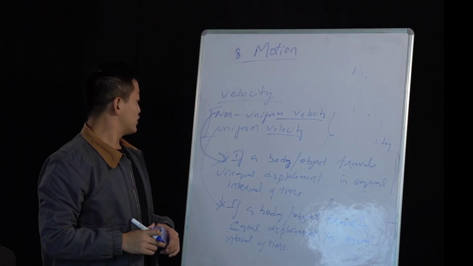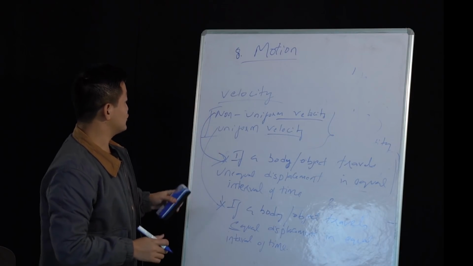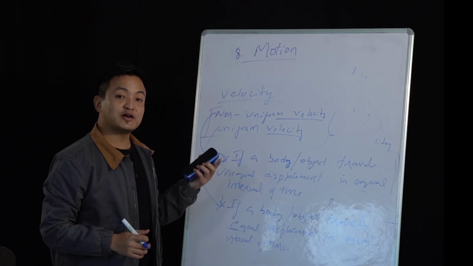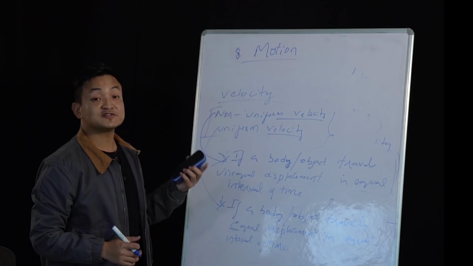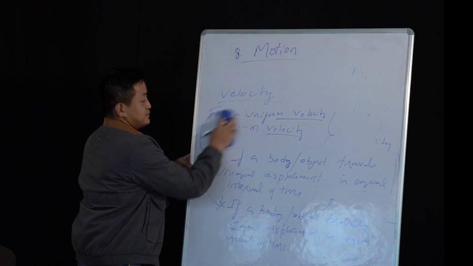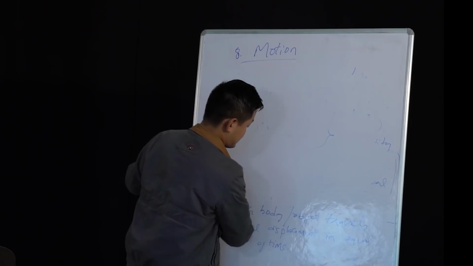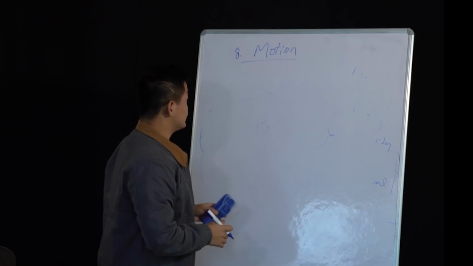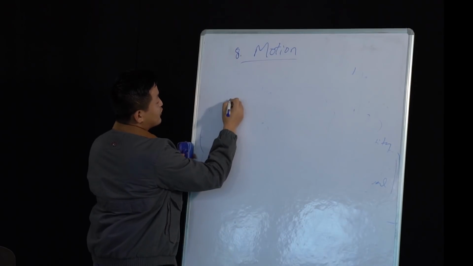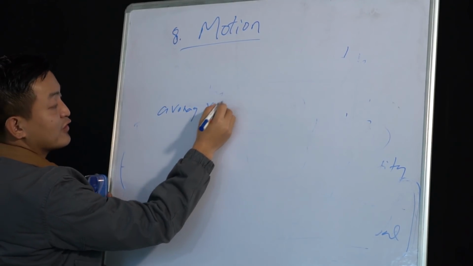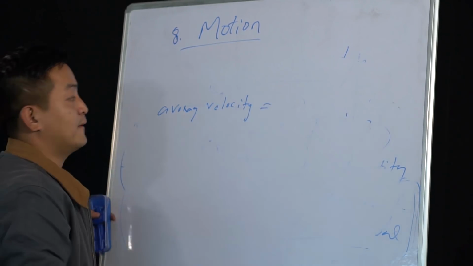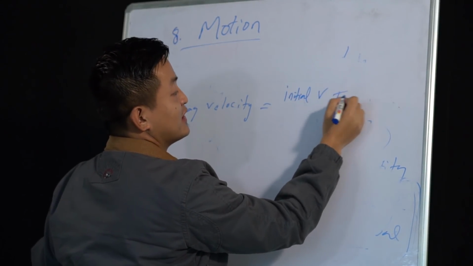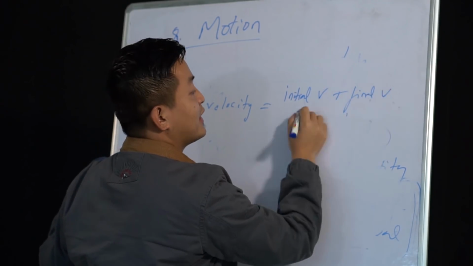Okay, so students, if you are done with these 2, I will give you a formula for average velocity. Clear? The same thing as we have applied for average speed, we also have average velocity. For uniform velocity, the average velocity would be initial velocity plus final velocity by 2.